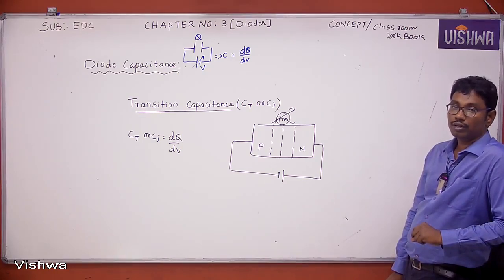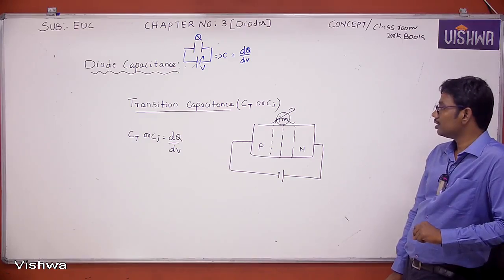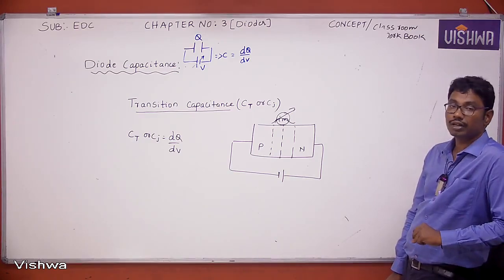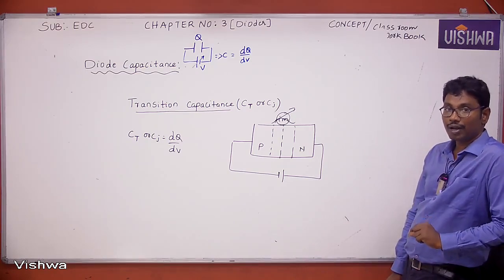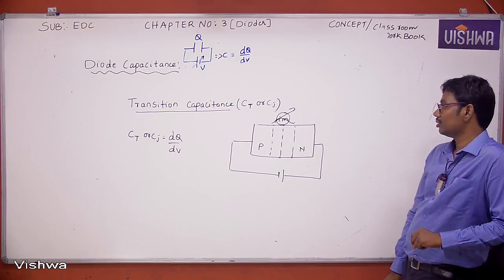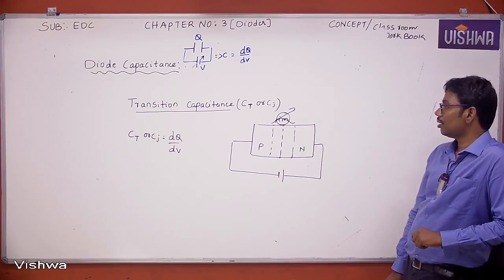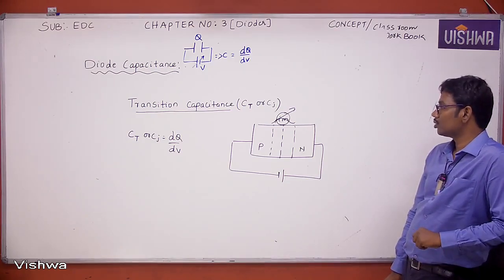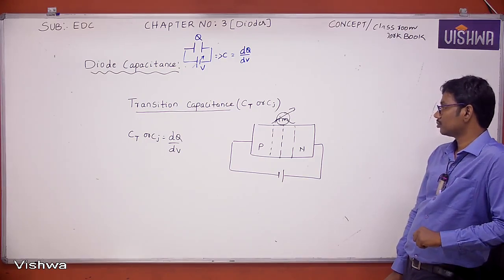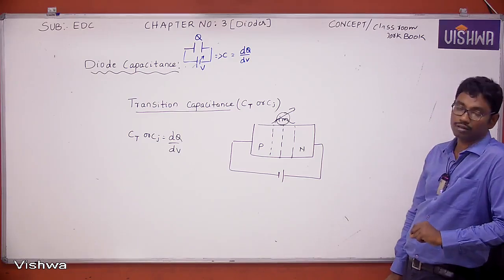Therefore, this rate of change of immobile charge with respect to applied reverse voltage is called transition capacitance.